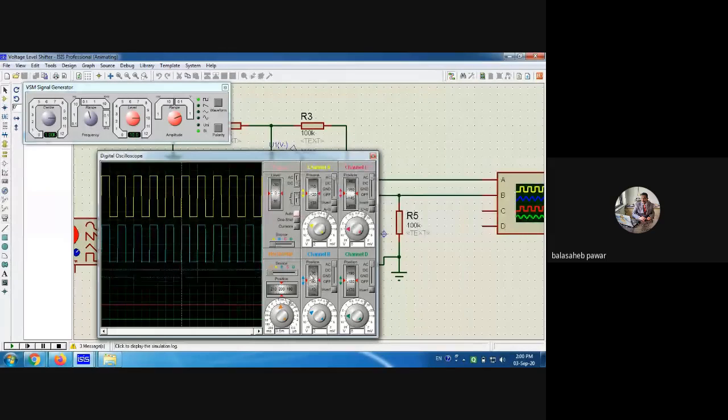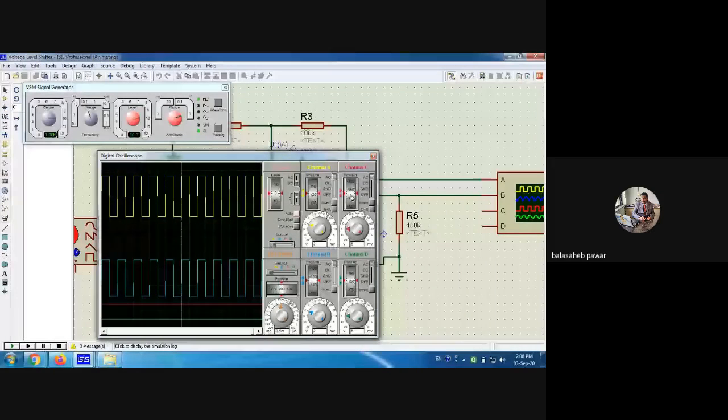If you align that generated reference line on this pink color trace, just note it down. Just a minute, I will manage it properly. So see, I will align that reference line on the pink color trace. How many divisions are there?